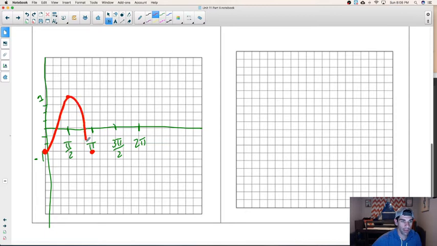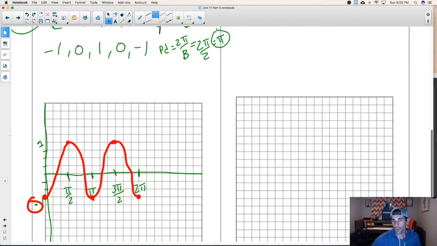That right there is 1 cycle of a cosine function. Okay? Then I'm just going to repeat that again. Up, turn around, back down, and right there, that completed 2 cycles of a negative cosine function. All right?